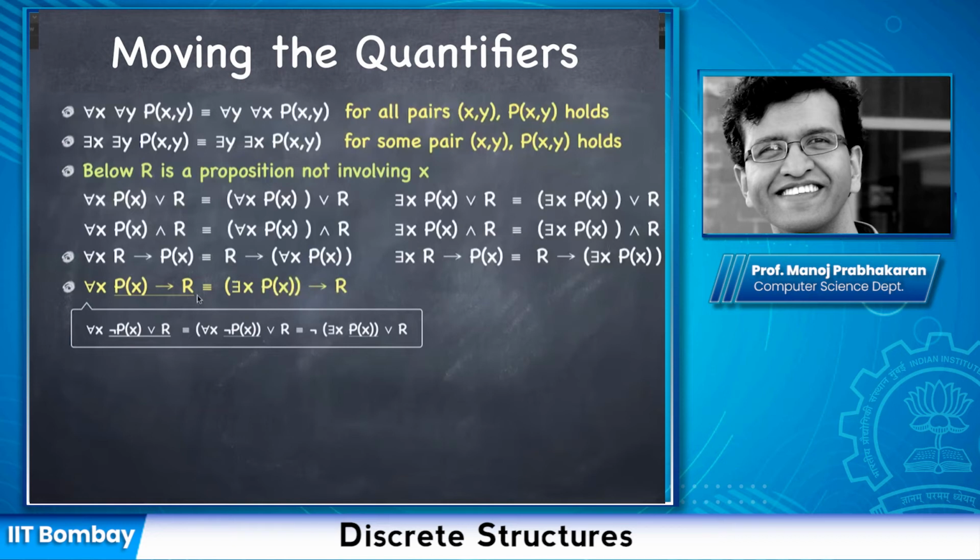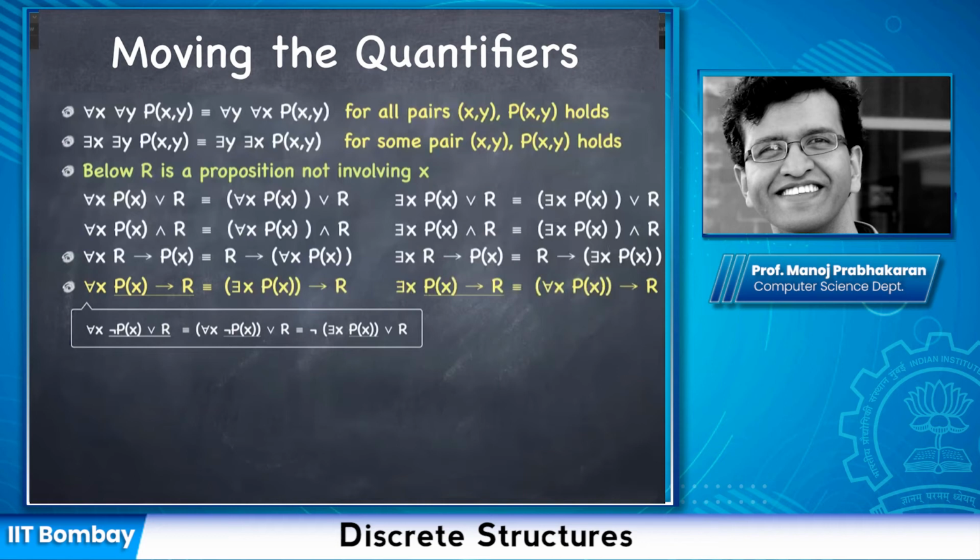Okay, so this statement on the left here, saying for all x, if Px then R, is the same as saying if there is some x such that Px holds, then R. Okay, and I invite you to come up with English sentences or scenarios where you can make sense of this.